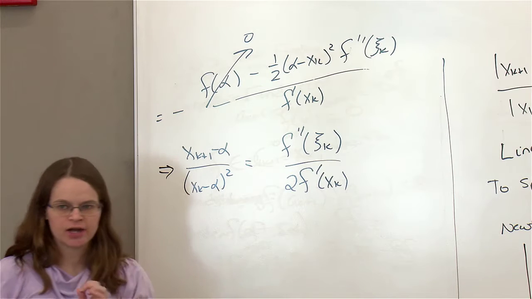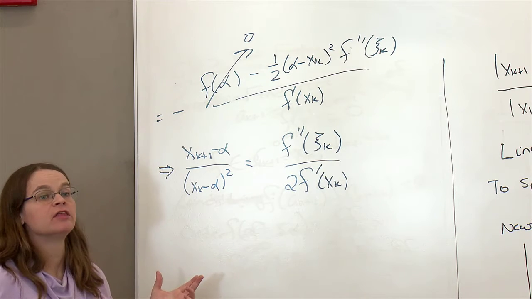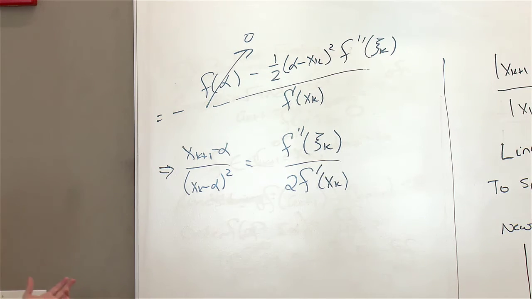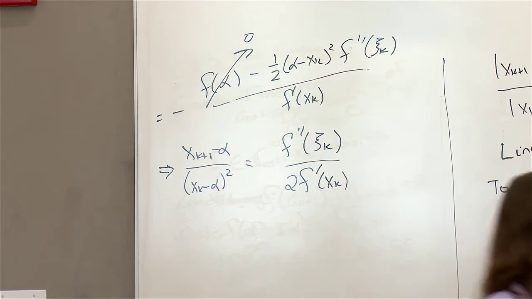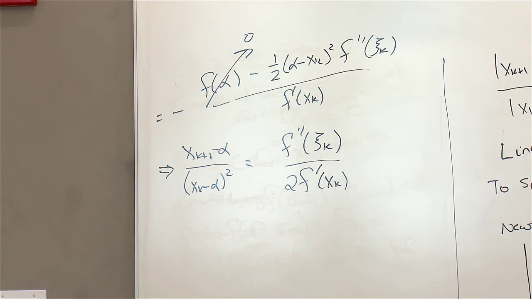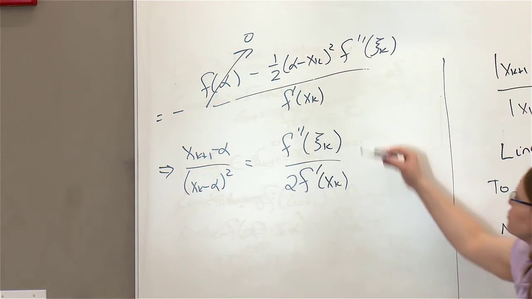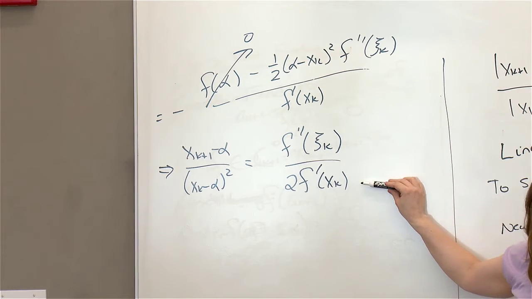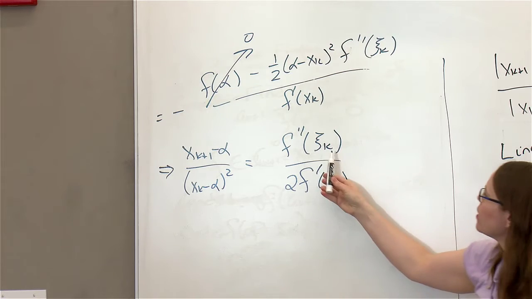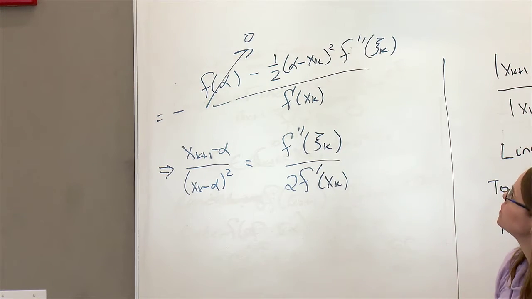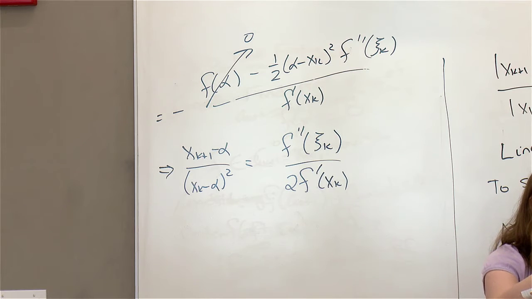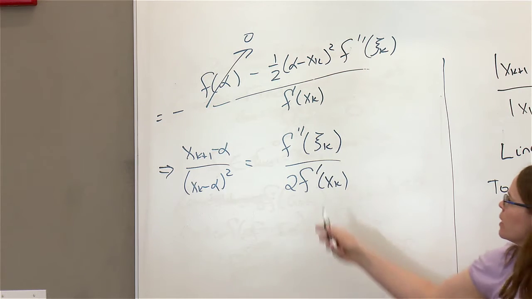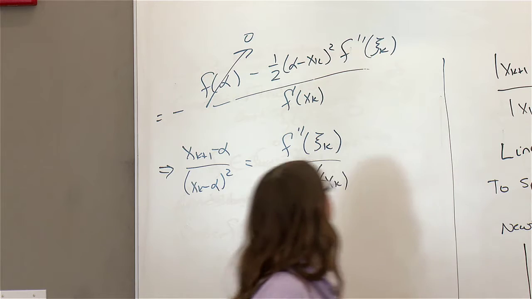In order to actually look at order of convergence, we're interested in the limit. What happens when k is large? I started by saying, let's assume that it converges. So if it converges, and if these functions are nice, if these are continuous, well, ck is sandwiched between xk and alpha. If xk is going to alpha, ck is also going to alpha.